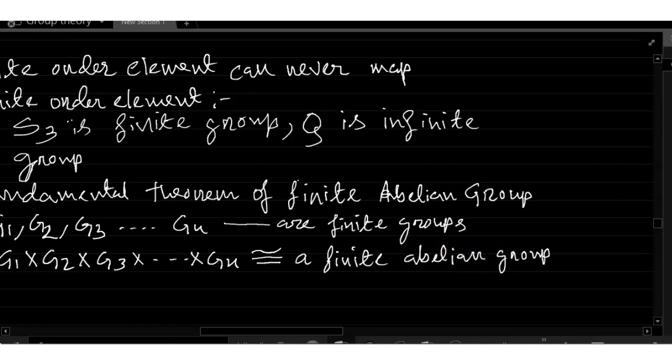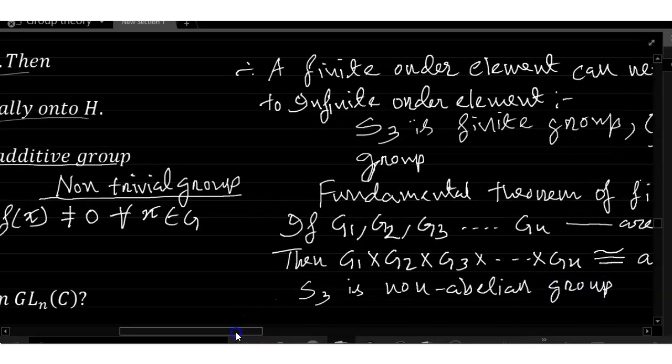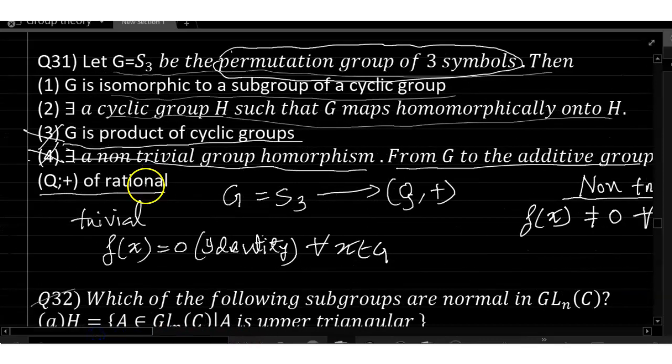S3 is a non-Abelian group. So G is a product of cyclic groups. This is wrong.